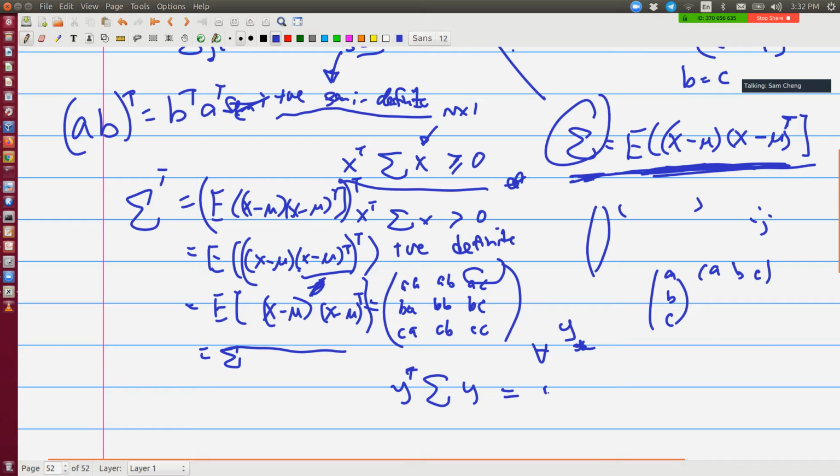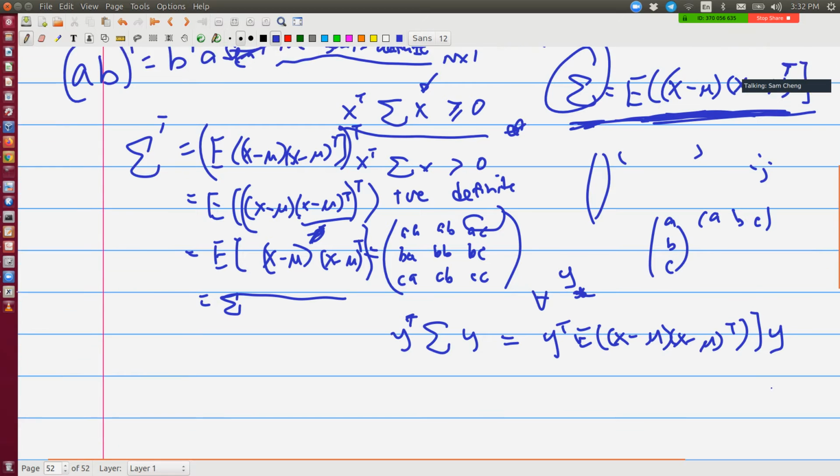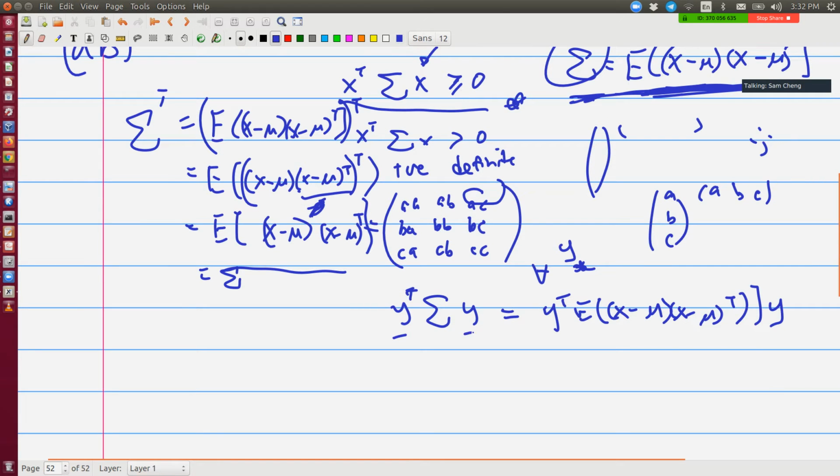This is equal to y transpose times the expectation of x minus mu times x minus mu transpose, times y. The y is a constant, with nothing to do with the distribution, so it can get inside the expectation.